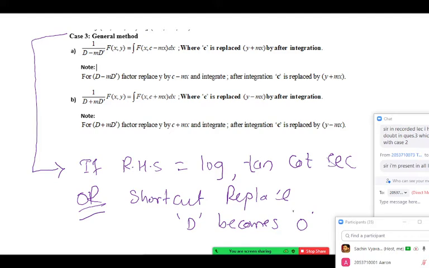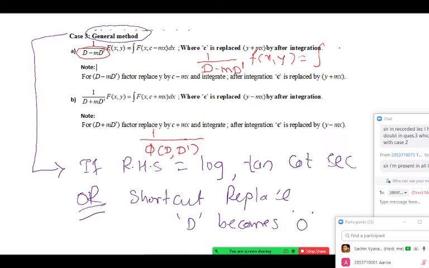Now let me come to the general method. What is the requirement for this method? First of all, we have to factorize the denominator, that is 1 upon φ(D, D'). We have to factorize φ(D, D') in the form of D minus mD'. Then we can operate 1 upon D minus mD' on that function f of x, y with a formula: integration of f(x, y) where y is replaced by c minus mx.